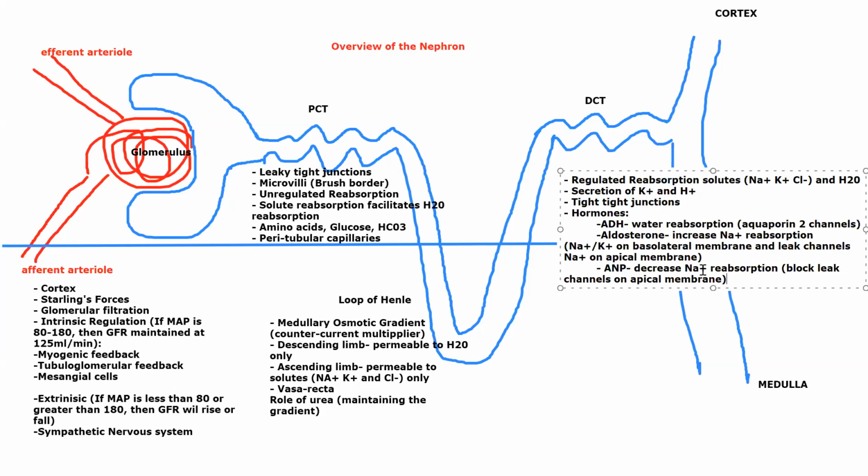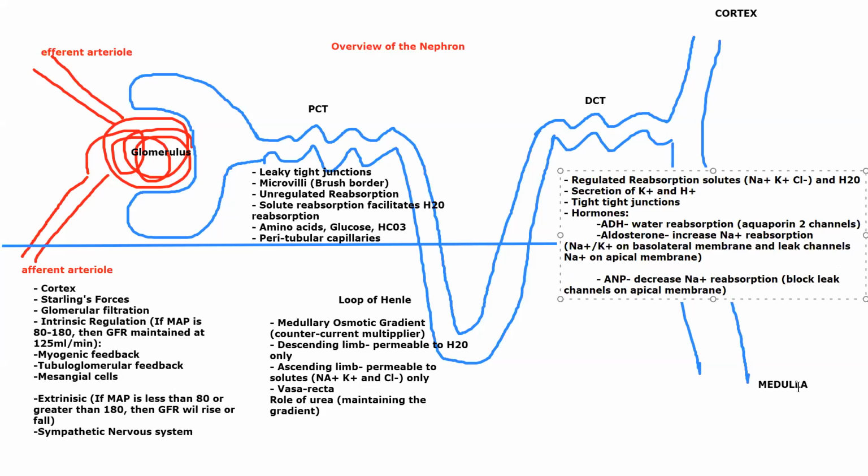Let's talk about how aldosterone also brings about the secretion of potassium. So aldosterone increases sodium reabsorption, but it's going to increase potassium secretion as well. And it's this exact same mechanism. Remember, the sodium potassium pump is pumping potassium into the tubular cell, sodium out of the tubular cell.